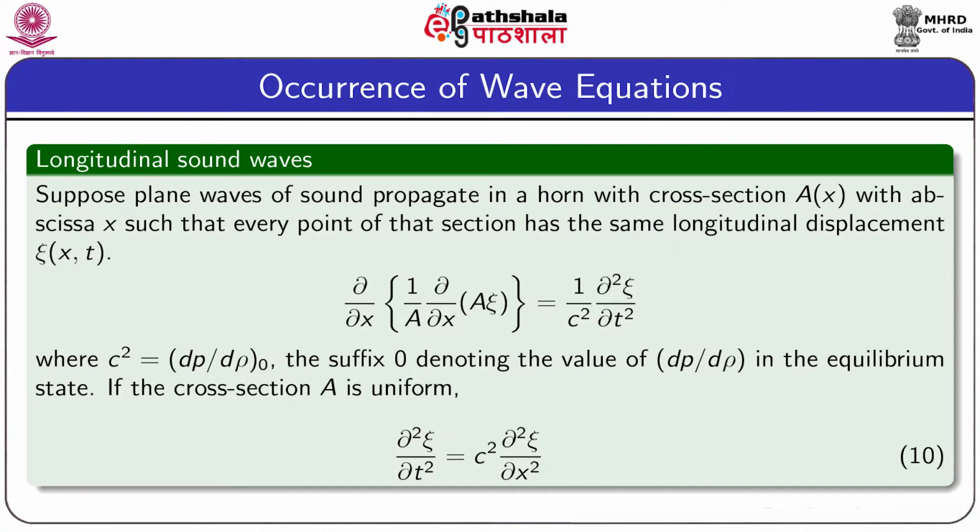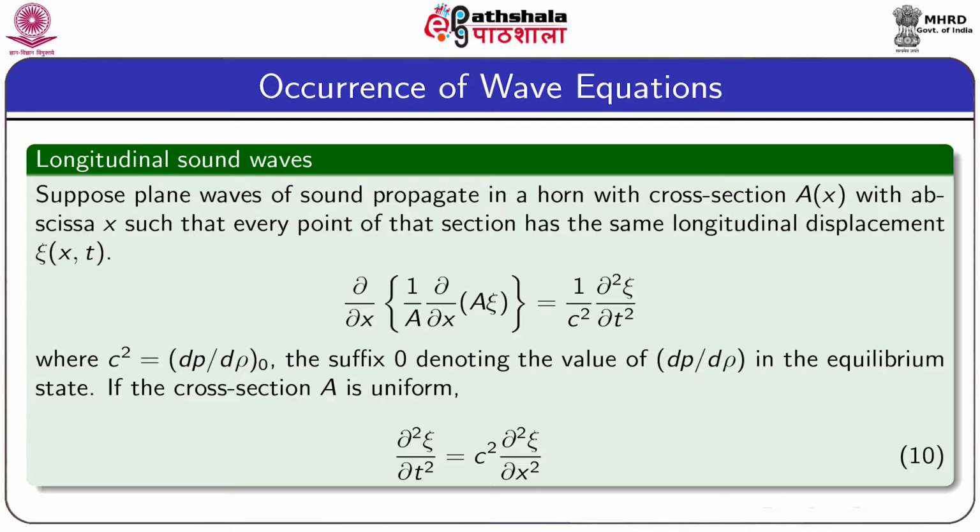Now, we are going to discuss the sound waves problem. Suppose plane waves of sound propagate in a horn with cross section given by A(x) with abscissa x, such that each point of that section has the same longitudinal displacement xi(x, t).